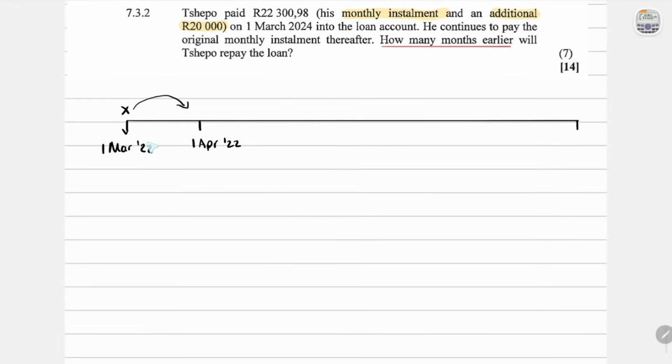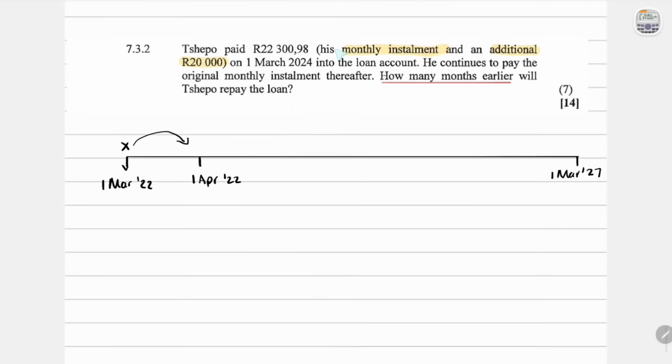Okay, so we know that this loan starts on the 1st of March 2022, but it lasts for 5 years. So it means that it will end on the 1st of March 2027. And what happens is he makes a monthly installment on the 1st of March 2024.